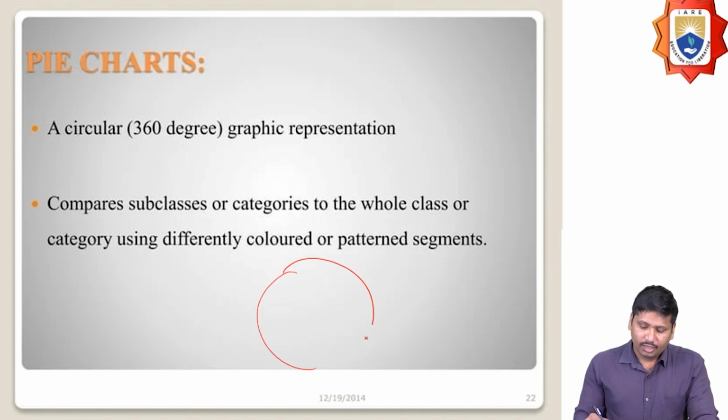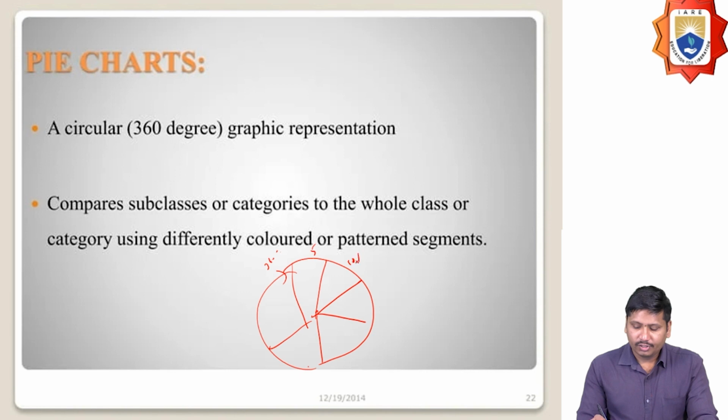Initially I have to take a circle, a 360-degree circle, so that's why it is a 360 graph rotation. And this is going to be divided into different proportions. So 5 and then 10, let it be 25, 39, 6, 40, and then 23 like this.